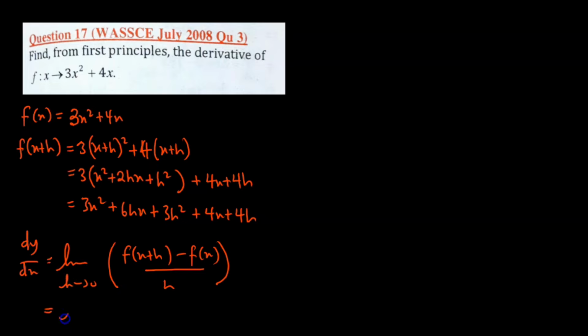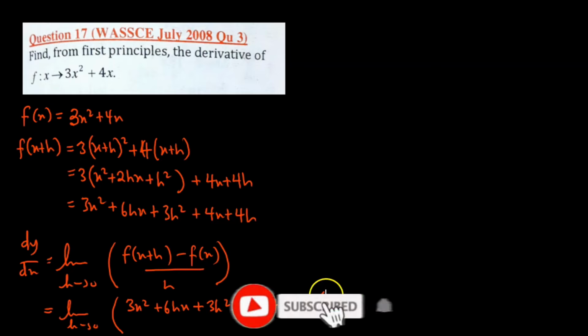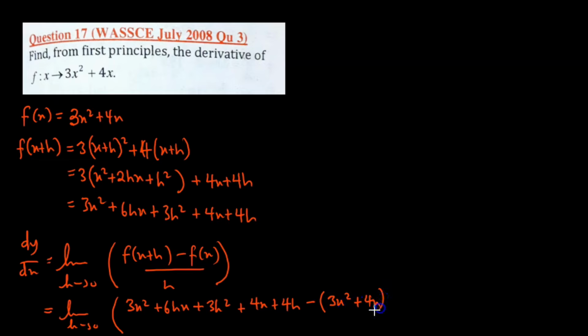So we have the limit as h approaches 0 of f of x plus h, which is the lengthy expression here: 3x squared plus 6hx plus 3h squared plus 4x plus 4h. That is f of x plus h. Minus, in brackets, f of x, which is 3x squared plus 4x. Then all this must be divided by h.